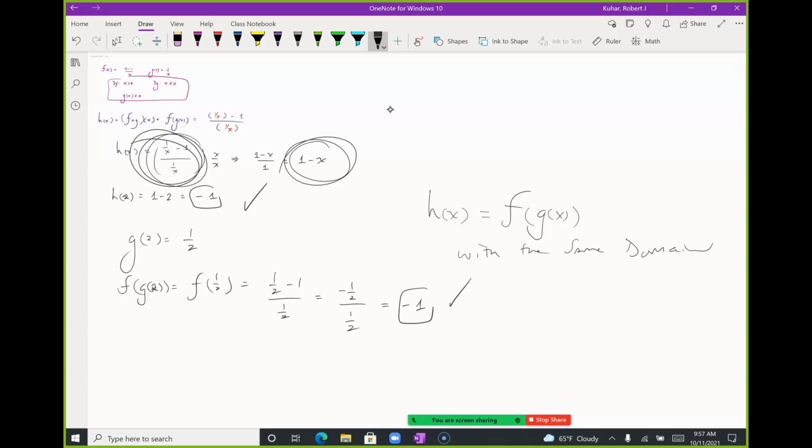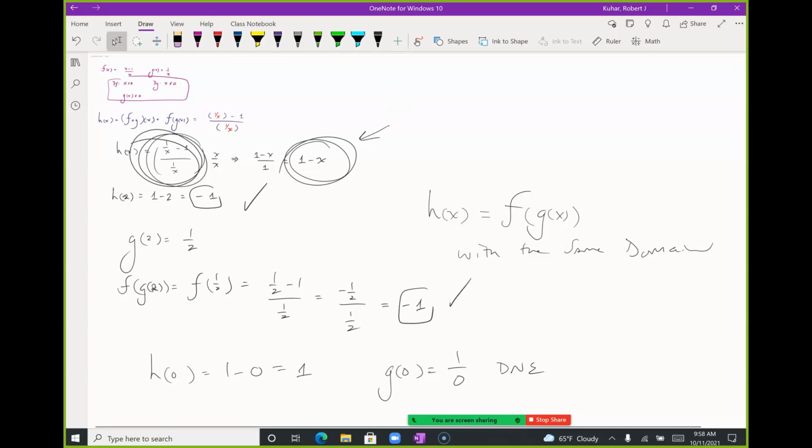Like on this one, I can plug in 0, right? h of 0 exists. h of 0 is 1 minus 0, it's 1. But when I go to g and plug in 0, I get 1 over 0, and I'm in trouble, right? So when you graph h of x, there would be a discontinuity? Exactly, at 0. Okay. Exactly.